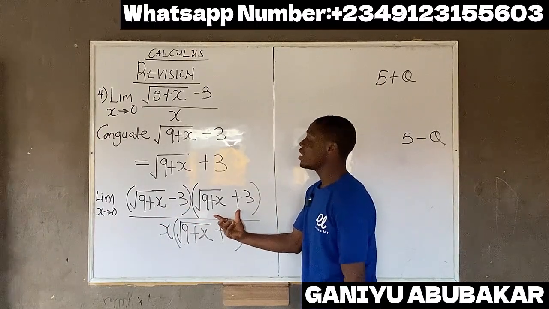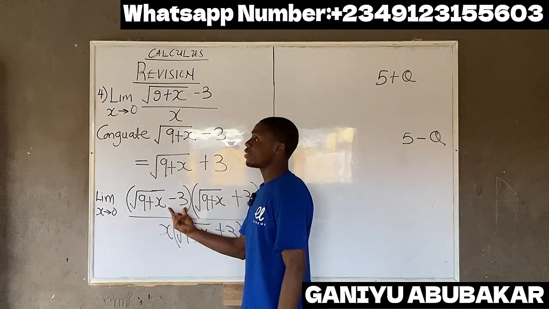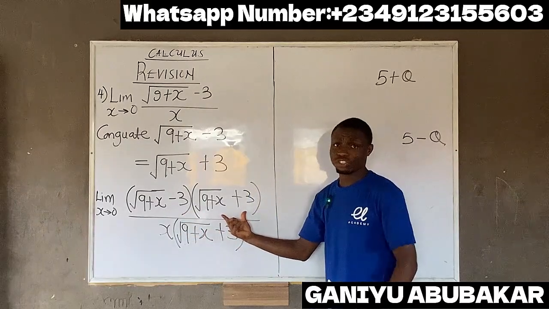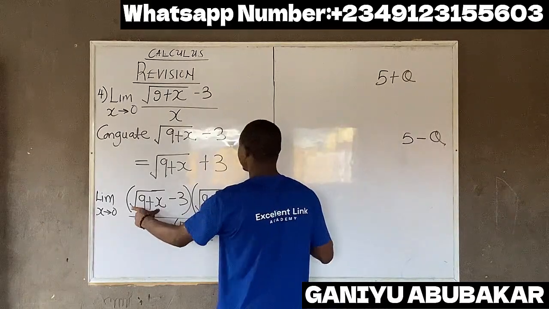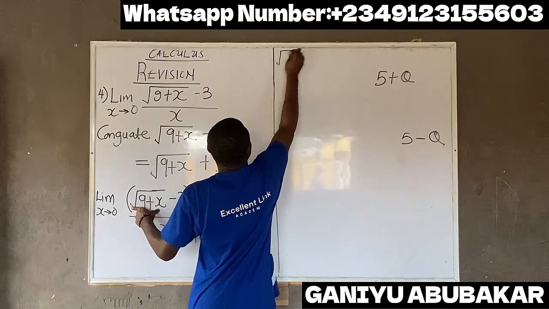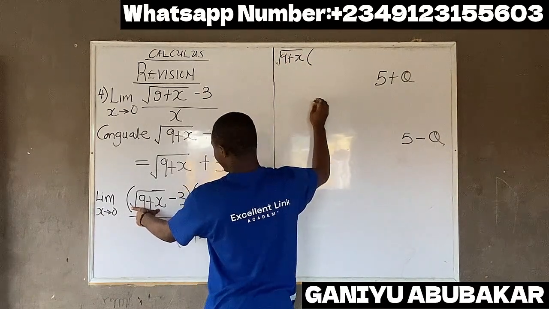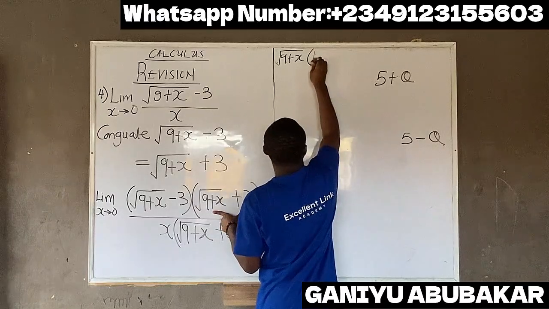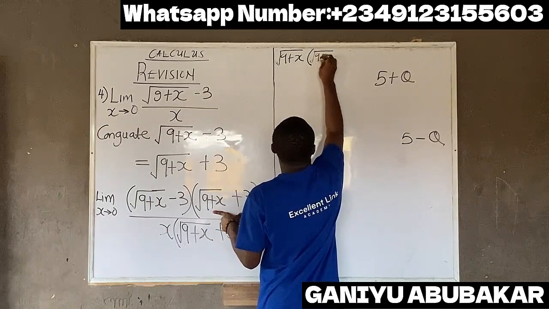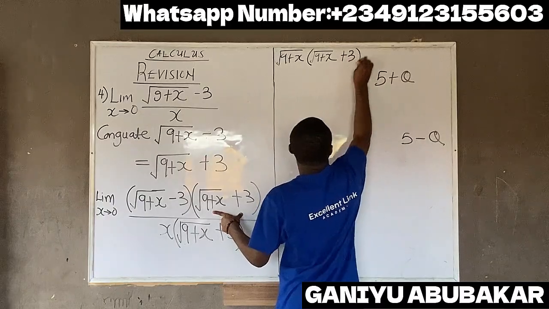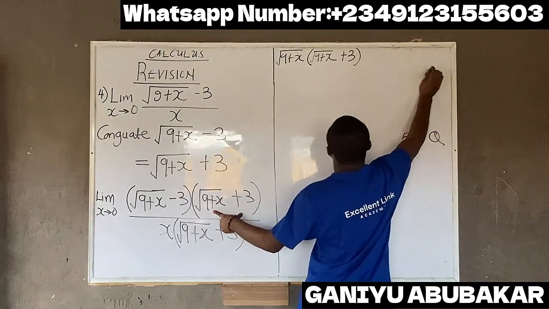That's case 1. Case 2, bring the second term, which is minus 3, and multiply by everything in the other bracket. That's all. So I'll have root 9 plus x multiplied by everything, and that gives you root 9 plus x, then plus 3. I have this done, my first task done.